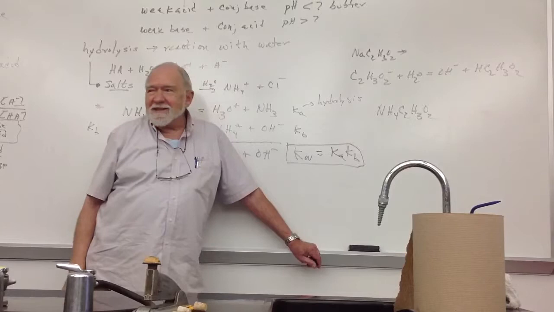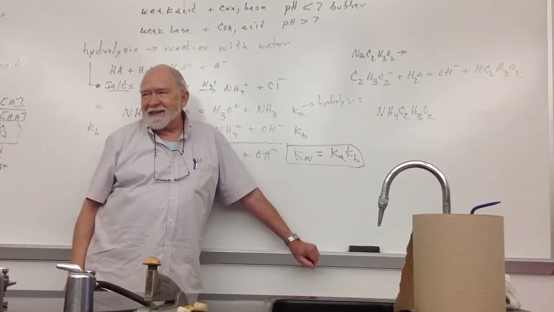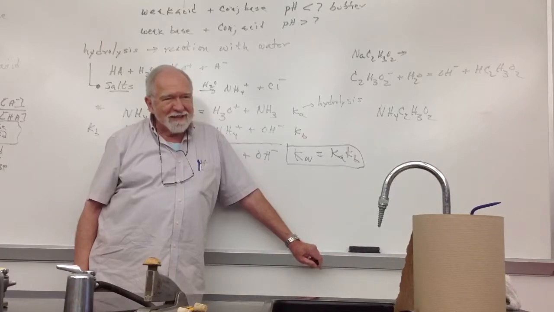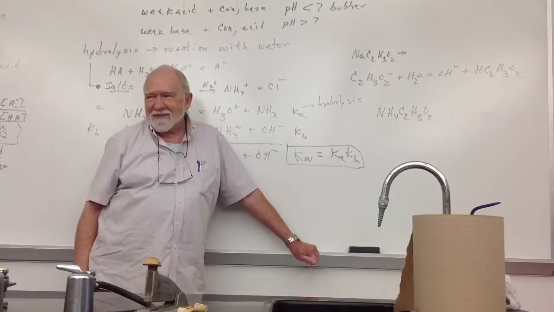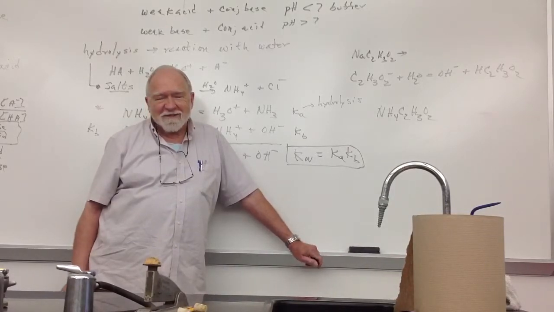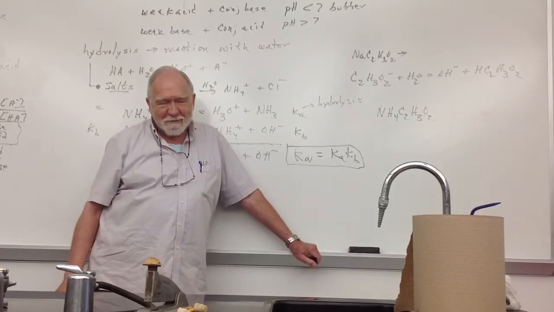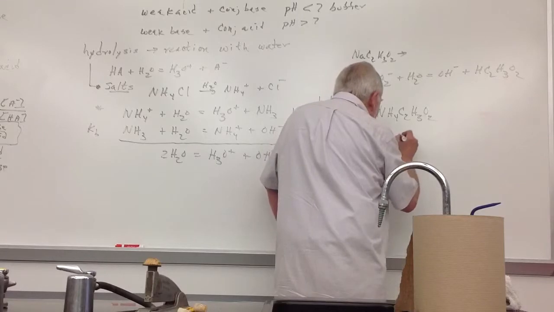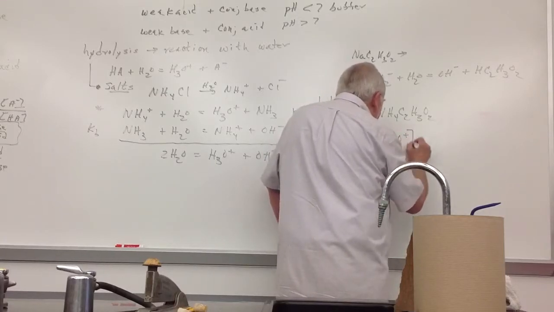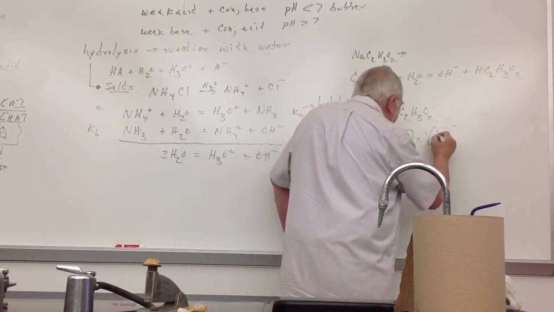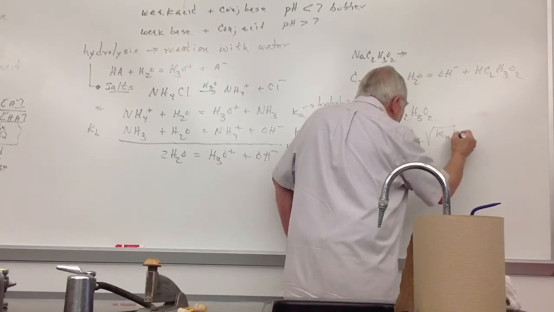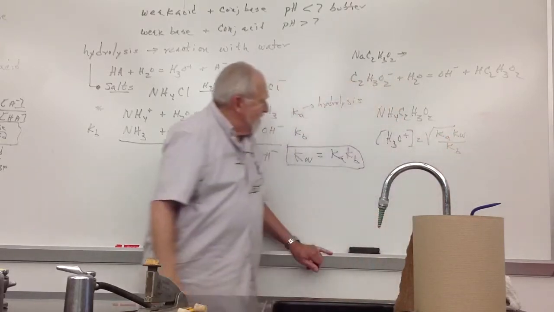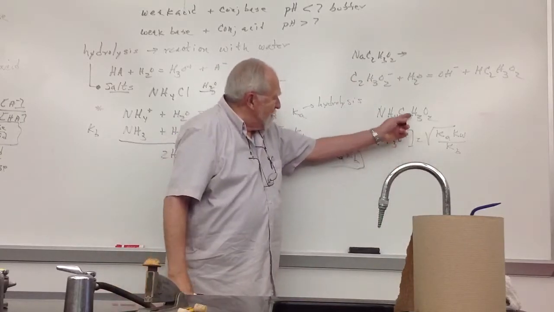what do we do with ammonium acetate? Salt of a weak base, weak acid. Well, after doing a bunch of simultaneous equations and some approximations, this is the Ka for the weak acid.